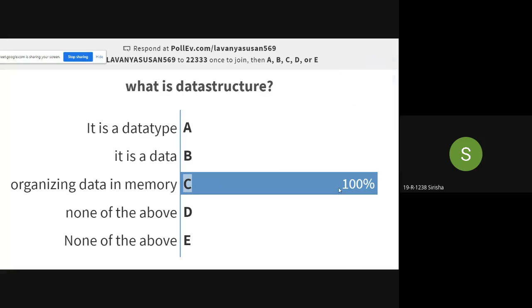Okay, 100%. Okay. Everyone submitted the answer? Please respond. Students?